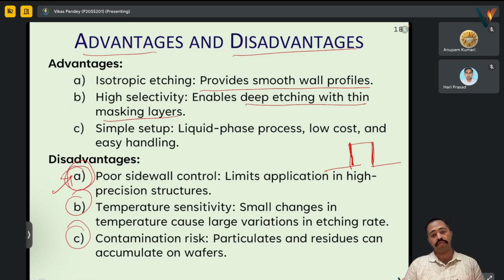Since you are dealing with chemicals and you are dipping something, taking it out, washing it out, using liquid, there can be some contaminants, particles, and residue can also accumulate on the wafer. These are some disadvantages of our wet etching.